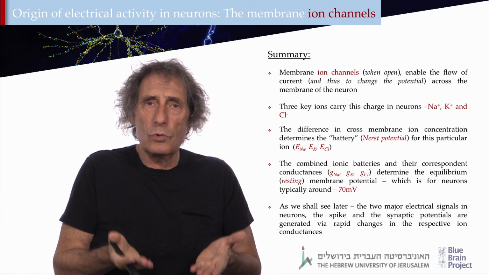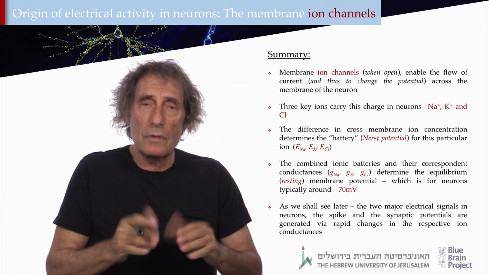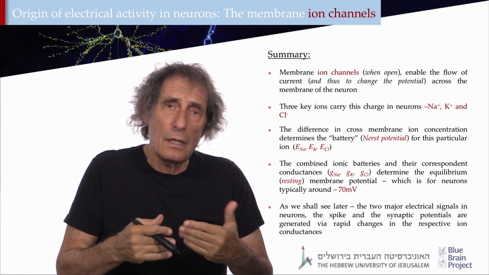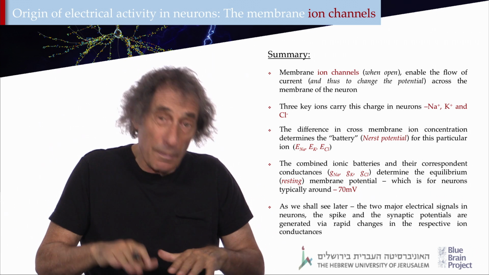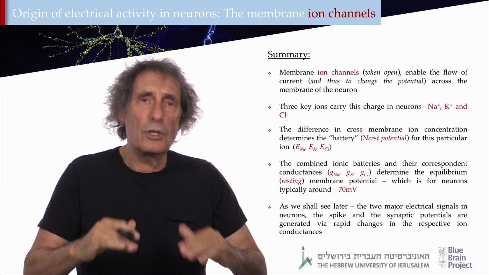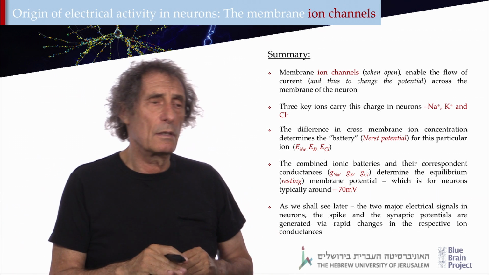Otherwise, its battery would influence the resting potential and it would be more positive. But because the sodium channels are closed at rest, the battery of the potassium is the dominant battery that determines the resting potential to a large extent.